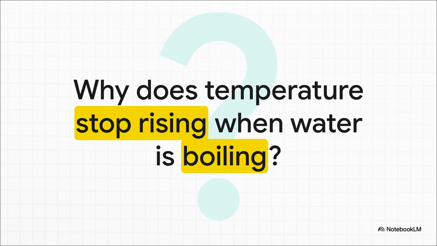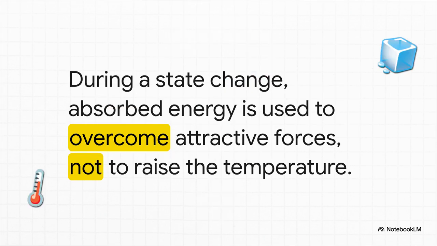So, what gives? Why doesn't the temperature just keep climbing? Okay, here's the big secret. When a substance is changing state, the energy you're adding gets a new job. Instead of making the particles move faster, which would raise the temperature, its entire mission is to break the forces holding the particles together. Once all those forces are broken and the change is complete, then the temperature can start to rise again.